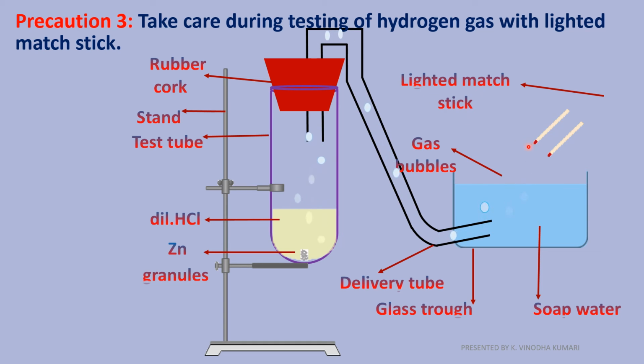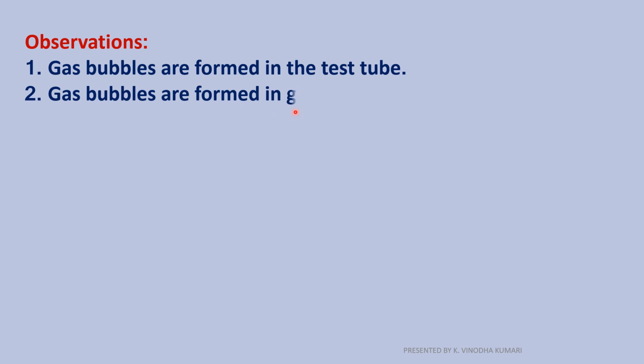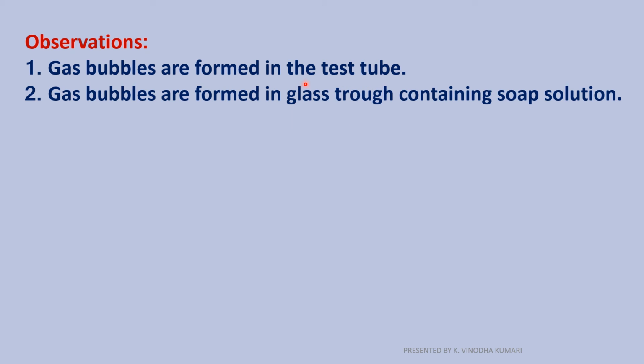Now let us come to a conclusion. Let us make a note of our observation. We have seen that the gas bubbles are formed in the test tube because of the reaction between zinc and dilute HCl. And these gas bubbles are also coming out from the glass trough containing soap water through the delivery tube. So gas bubbles formed in the test tube enter into the delivery tube and pass into the soap solution, and from there you are observing that gas bubbles are evolving.